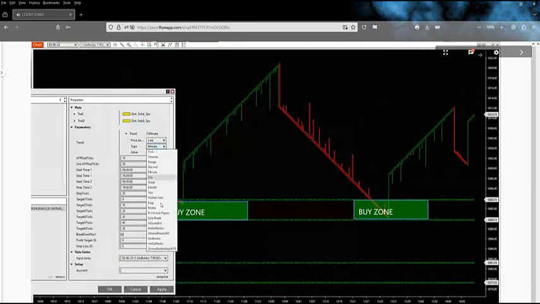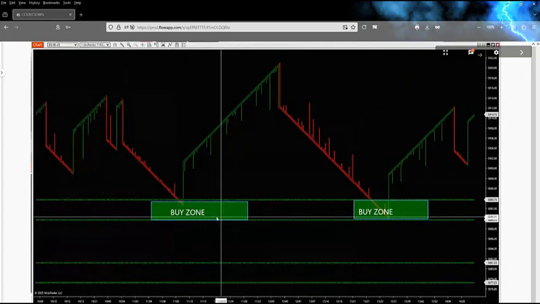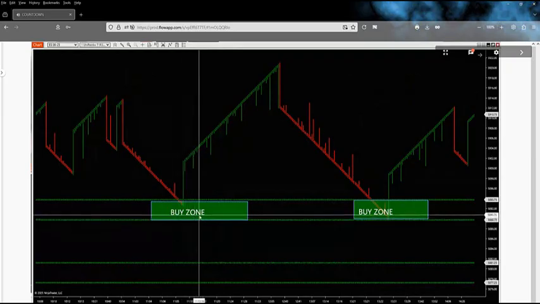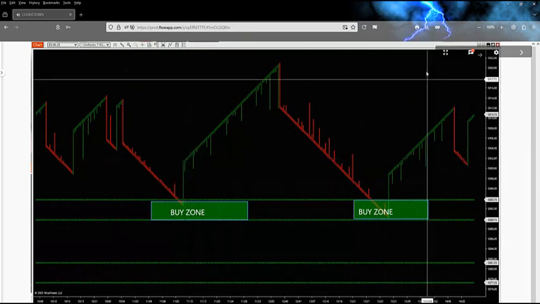You would put this as your 100 zone. Then when it got down to the 100 zone, it would look to go long the market on the first liquidity grab going there or there.